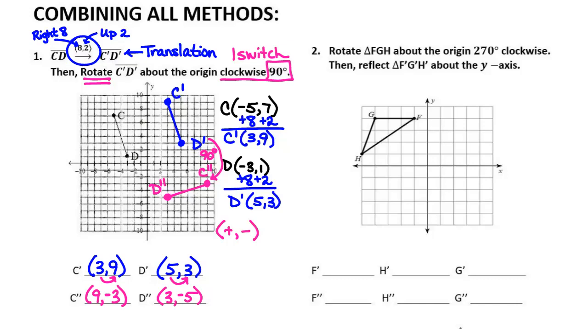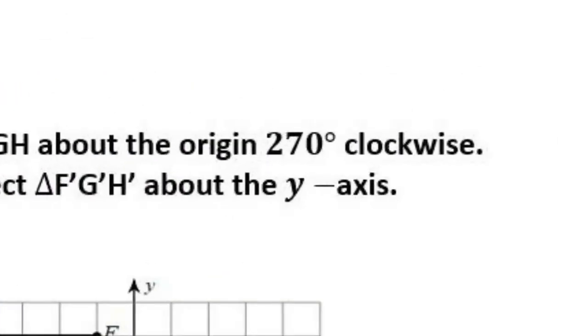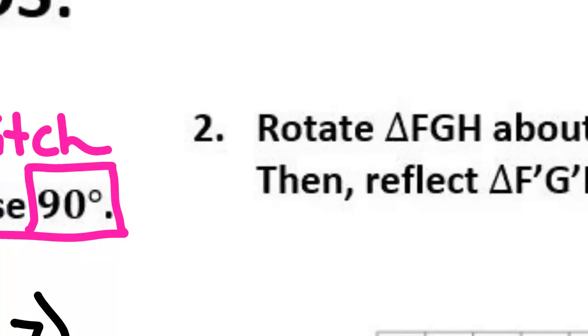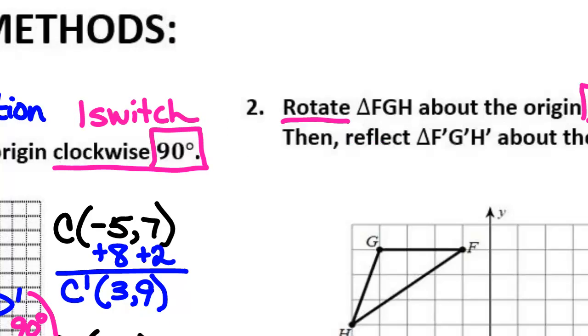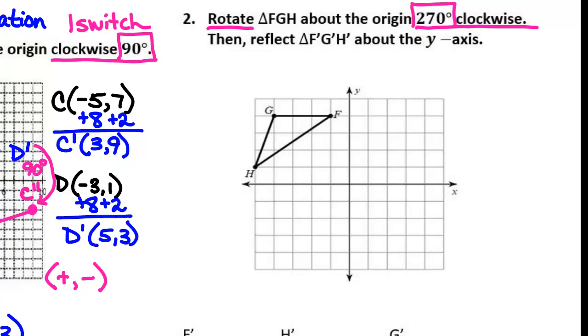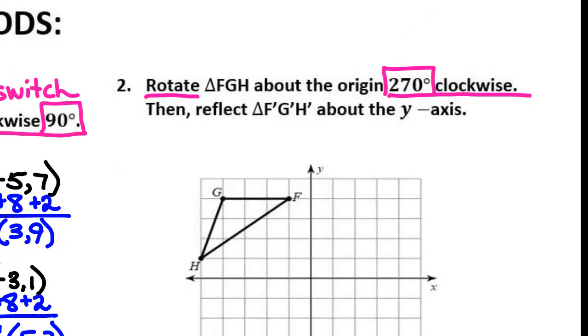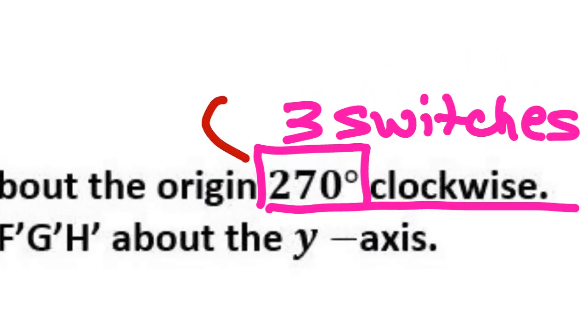Number 2. First thing we're going to do is go 270 degrees clockwise. So 270 degrees clockwise, that means I'm going to go 3 switches. That would be the same as what? If I didn't want to do 3 switches, I just wanted to do 1. Counterclockwise 90 degrees.